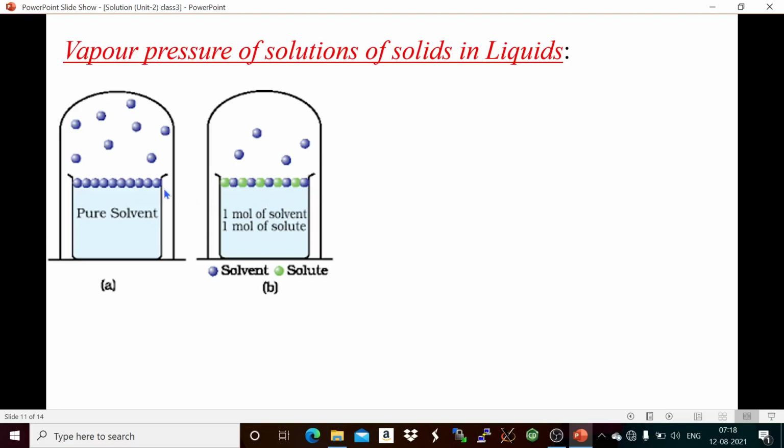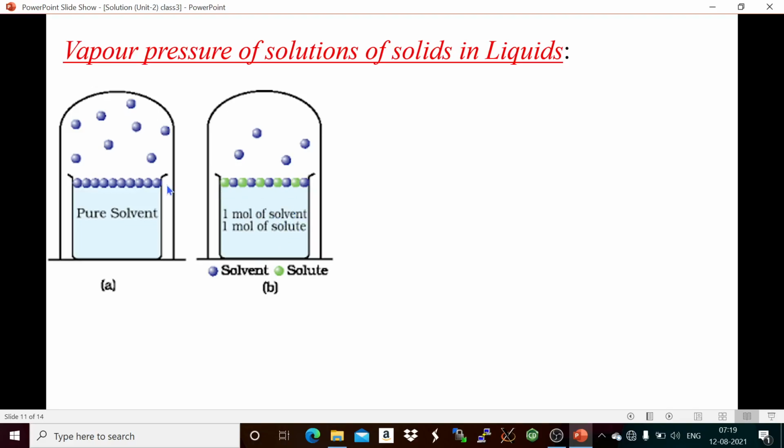The surface is covered by both solvent and solute molecules. Therefore, the fraction of the surface covered by solvent molecules reduces. So the escaping tendency of solvent molecules from the surface of the solution decreases. So the vapor pressure of the pure solvent is higher than the vapor pressure of the solution.